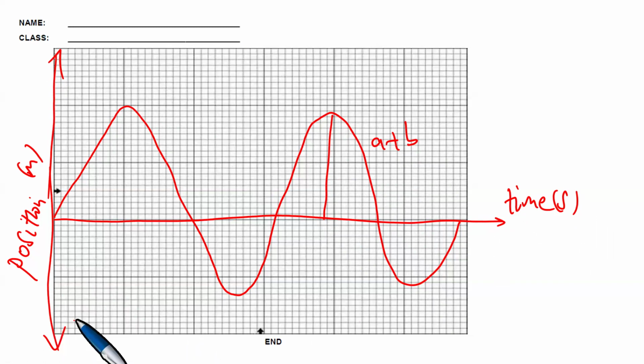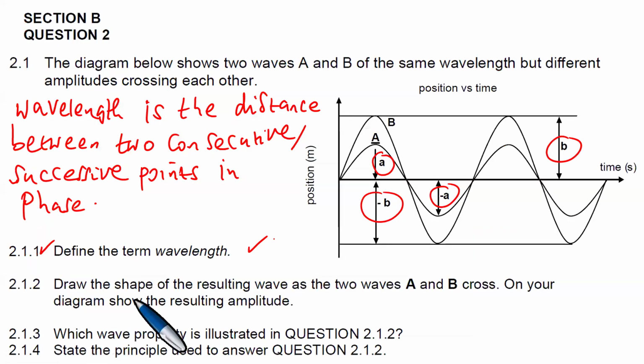So this is the sort of rough graph we're going to have, because you really can see that these are in phase with each other. Since they're in phase, you can see the crest and the crest on top of each other, and the trough and the trough are on top of each other.